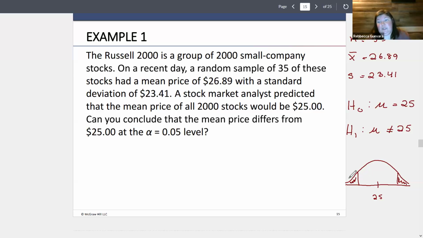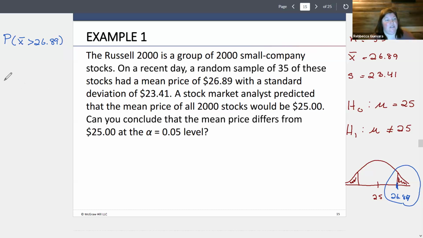Because the mean for my sample is 26.89, we're just going to do our analysis on this tail at first. I first want to figure out the probability that my X bar would be greater than 26.89. That's essentially what we're looking for here.